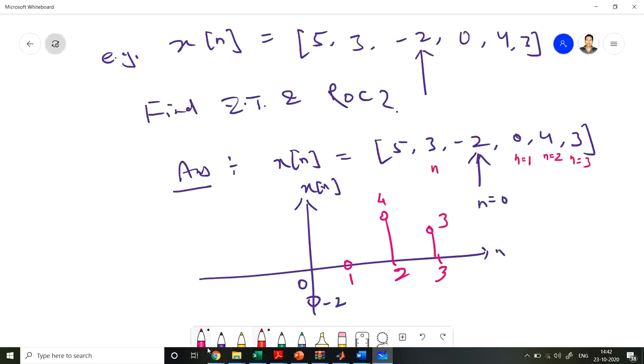Now at n equals minus 1, the value is 3. At n equals minus 2, the value is 5. So this is our x[n] with n. Now we can find out the z transform.